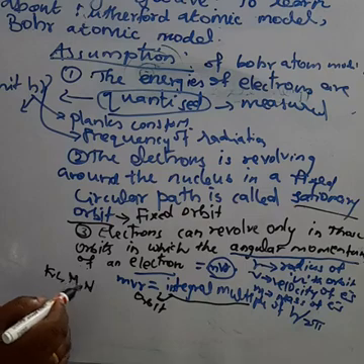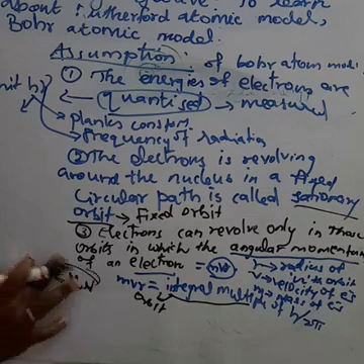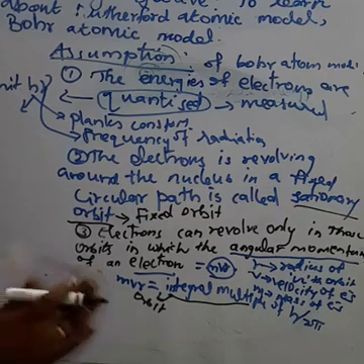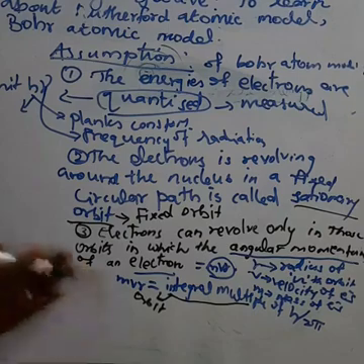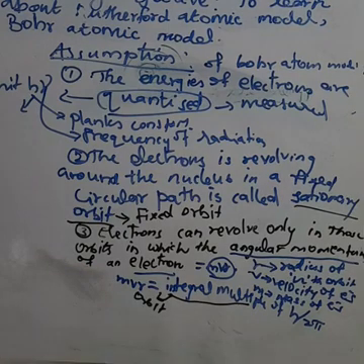When atomic number increases, and you know what atomic number means, the number of protons or number of electrons, the number of electrons also increases. And when atomic number increases, the number of orbits also increases.